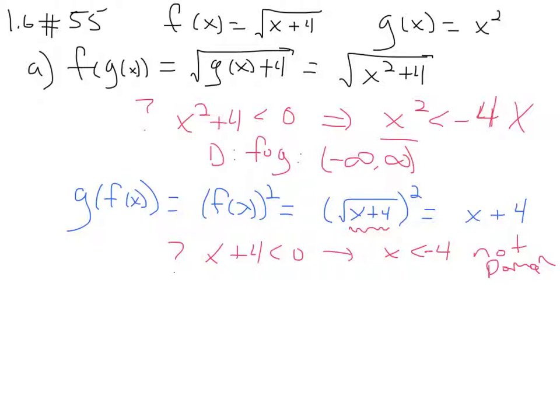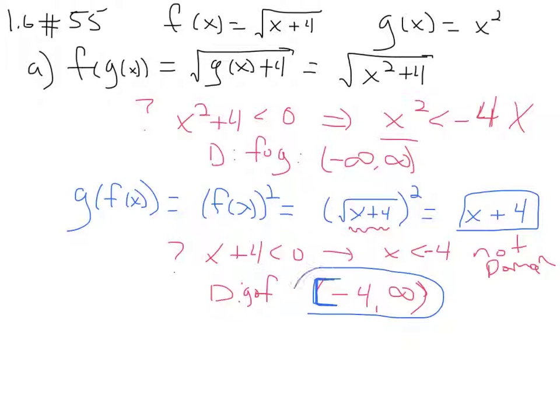So the domain of our function g of f of x is going to be from negative 4 out to infinity. And we actually want a square bracket on this, since being negative 4 is fine, because x plus 4 is 0 at that point. So it's x plus 4 for x from negative 4 to infinity.